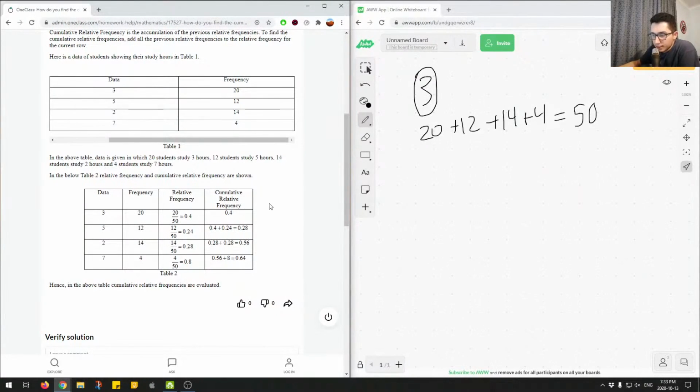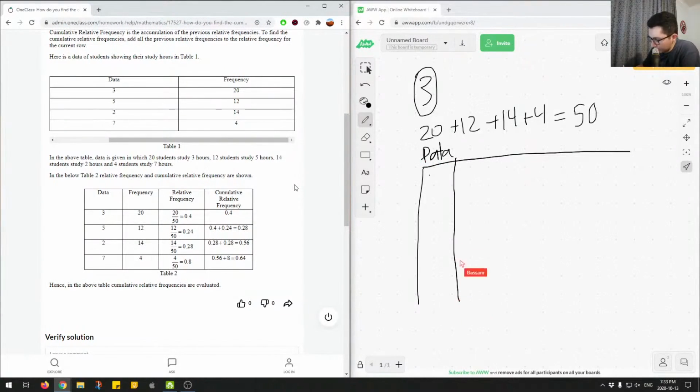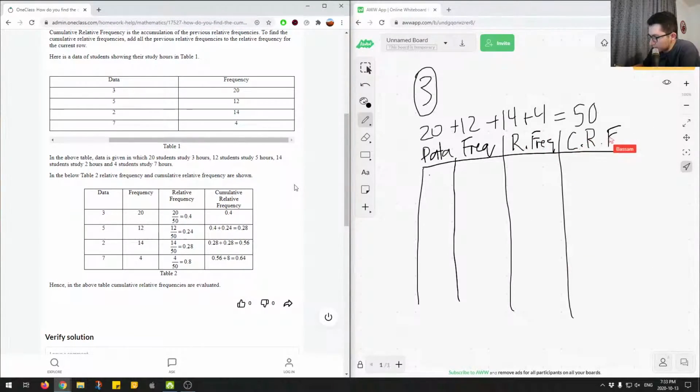Essentially, for any data set, this is the process that you do. Let's run through this table doing the calculations so you have a better grasp of what's going on. For row 1, we'll say data, then frequency, then relative frequency, and then cumulative relative frequency.